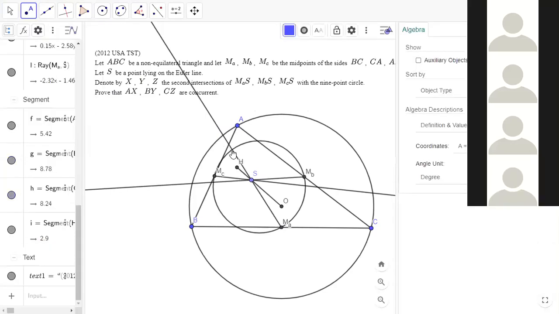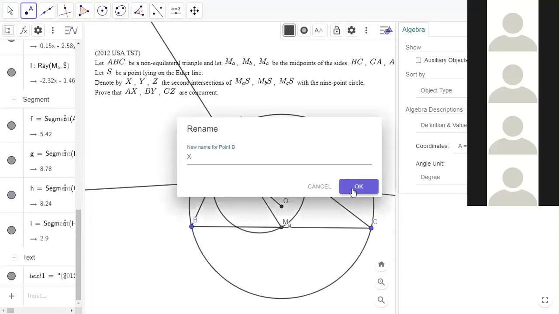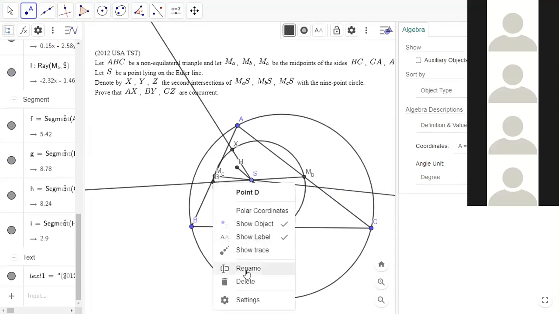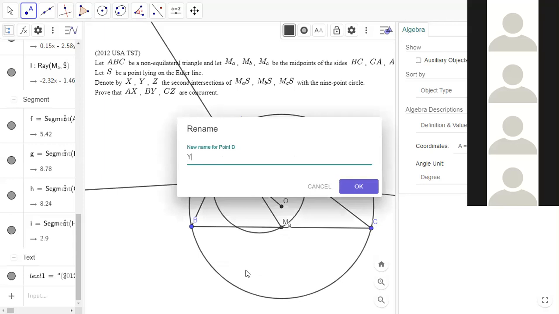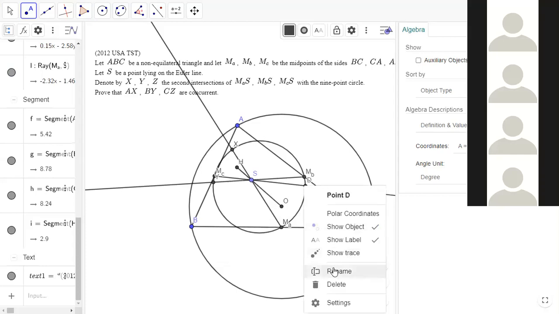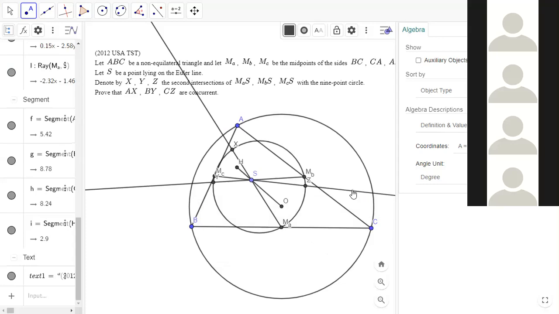And we want to show that AX, BY, and CZ concur. So this would be Z. Okay. So I'm going to hide a bunch of stuff.